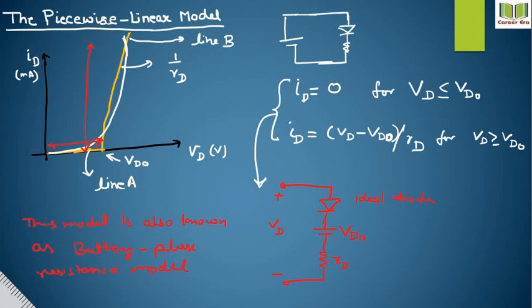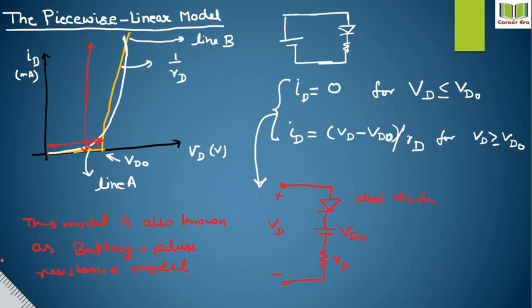So we can conclude that in the piecewise linear model, the exponential model can be converted into two different currents: zero current, and linear current with resistance RD, with slope 1 upon RD.